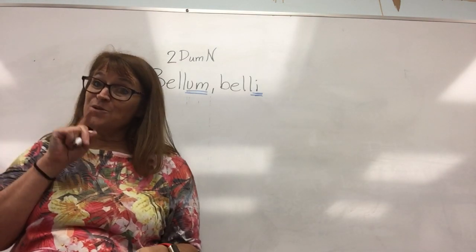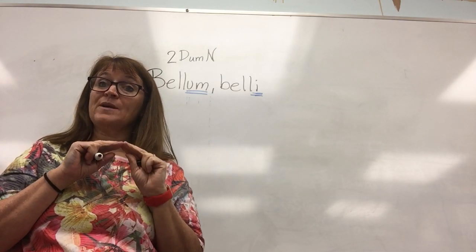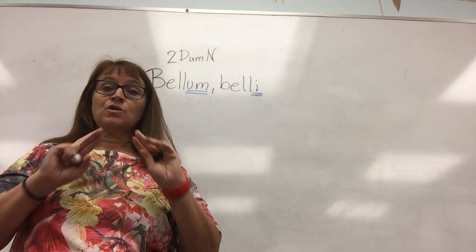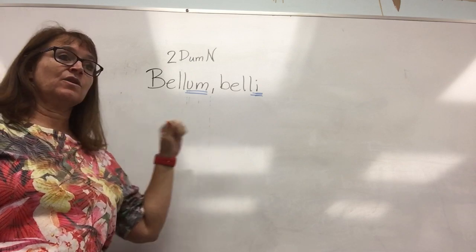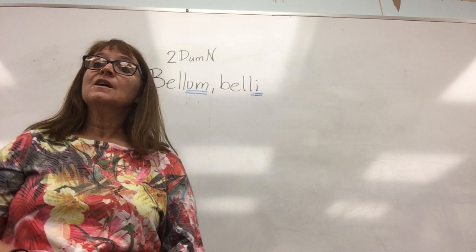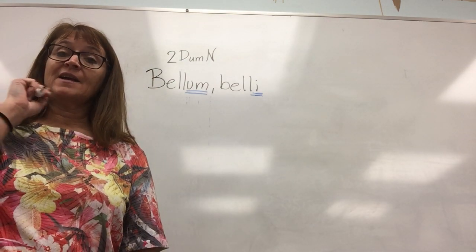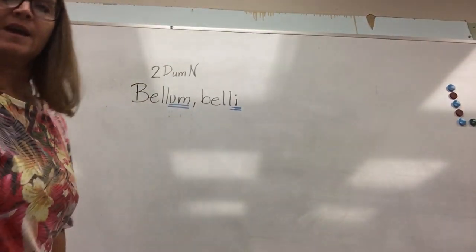The other neuter rule is that the nominative and accusative plural always end in A, okay? So those are the two neuter rules. It's going to hold true for second declension neuter, third declension neuter, and fourth declension neuter, okay? So let's go ahead and decline bellum, belli, our neuter model, okay?